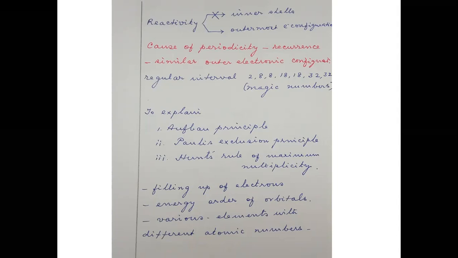So these four quantum numbers are given certain numbers. If you know the four numbers of one electron, then you can locate it or give an identity to the electron.